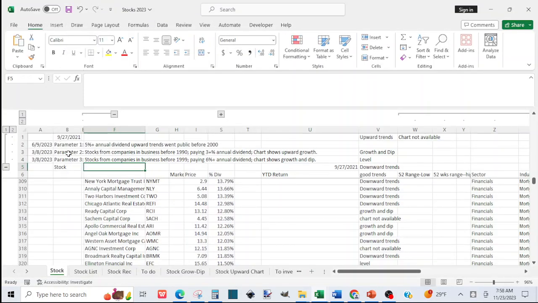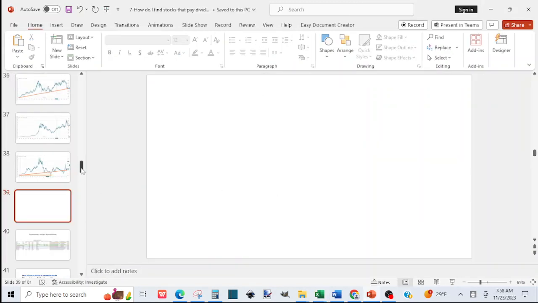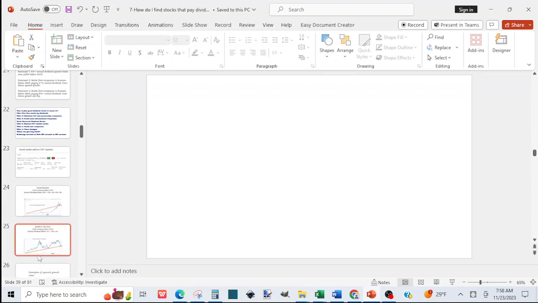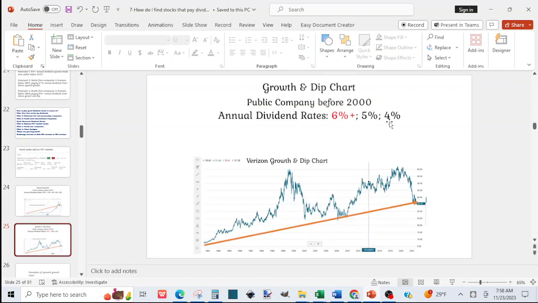We showed the parameter before that for a growth and dip chart, it had to be paying above 6%. And we do have some leeway. Let's see here. I mean, we said the minimum should be 4%.